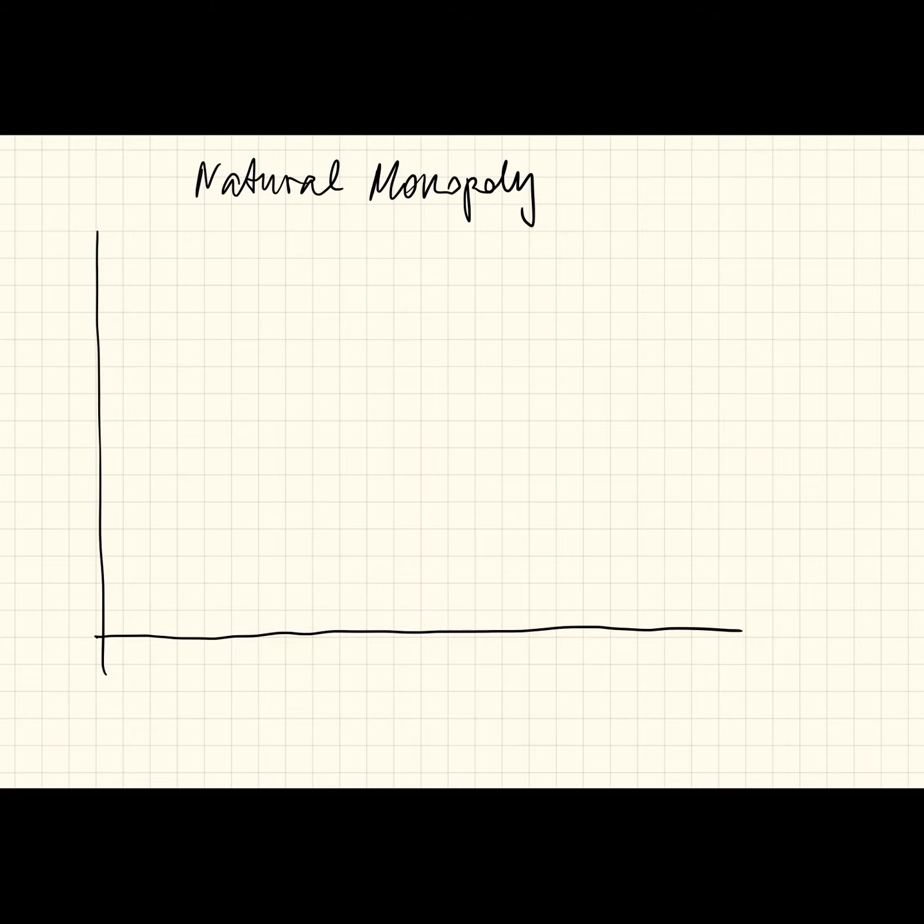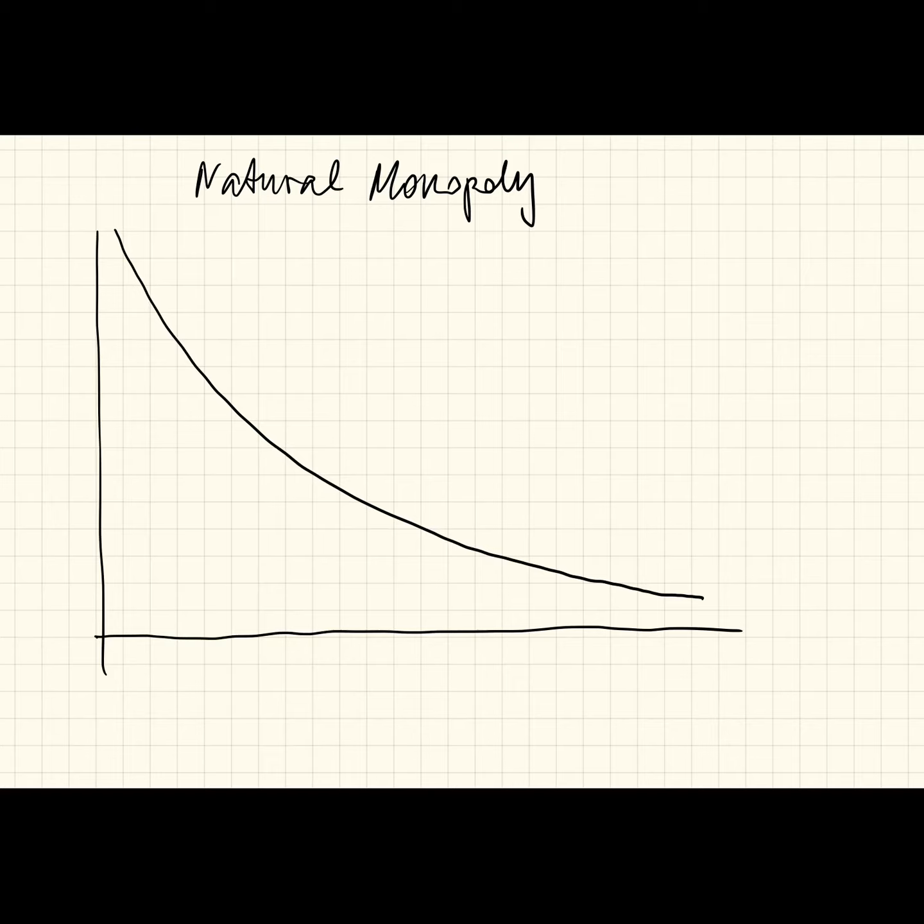Next thing, let's talk about natural monopoly. Natural monopoly is a company whose ATC curve is downward sloping all the way for the entire range of demand.